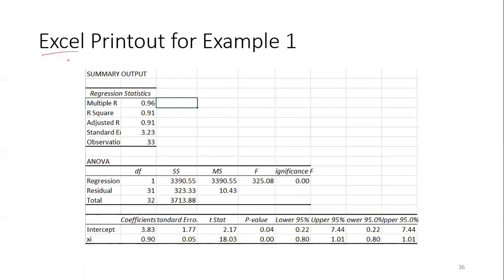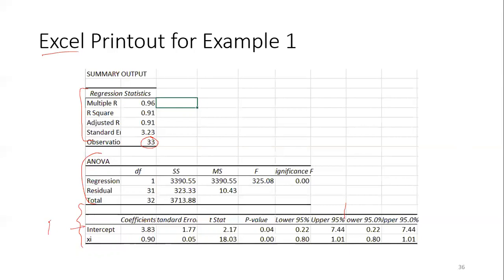The first one is Excel. We will talk about this table later, but what you can see is the number of observations, 33. Just focus on this table. We have 2 lines.